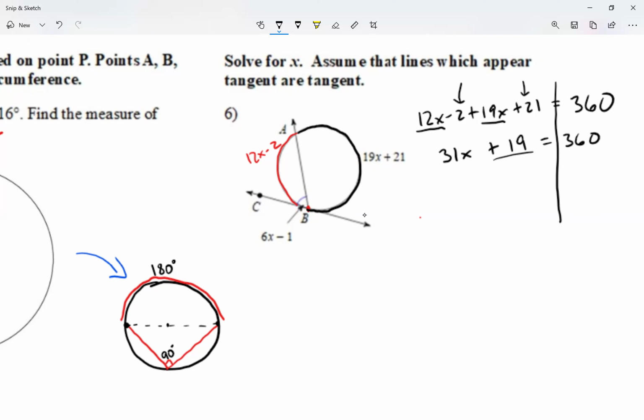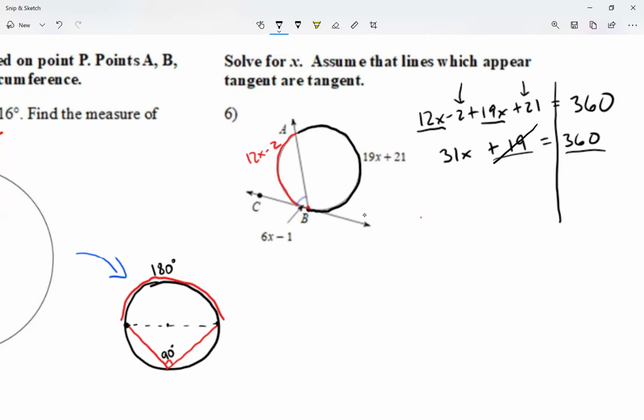I wish I could combine the 19 with the 360, right? Because they are like terms. They don't have a letter. I will be able to combine them, it's just that I have to move the 19 from one side of the equal sign to the other side. Notice how I did my little line segment here at the beginning to separate the equal sign, so I know there's the left side and there's the right side.